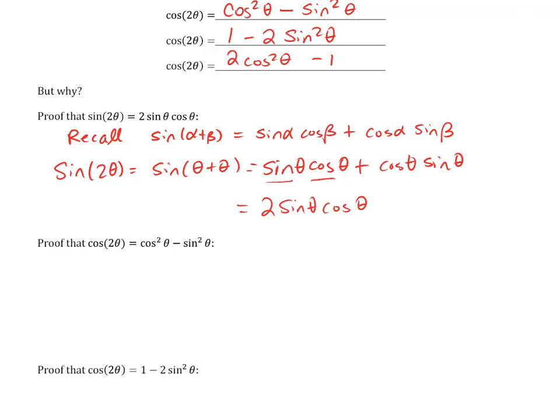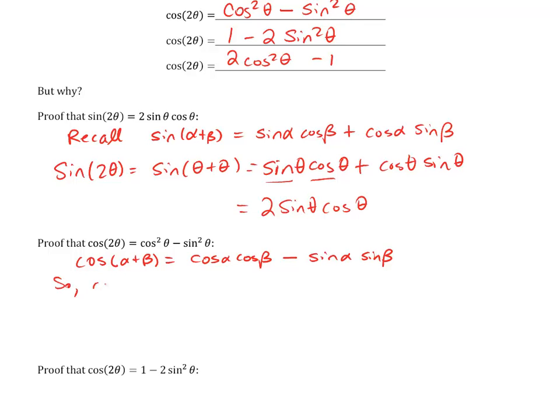Now for the next one, same approach. Remember that cosine of alpha plus beta is cosine alpha cosine beta minus sine alpha sine beta, which we proved earlier.